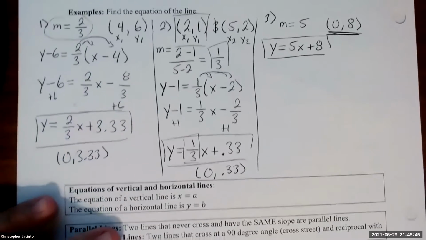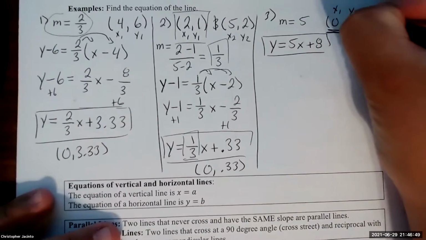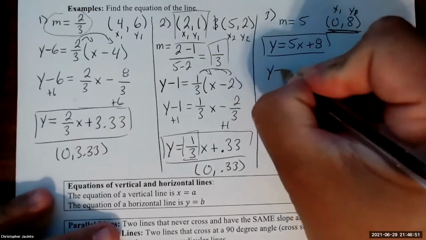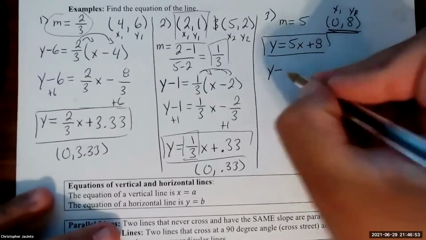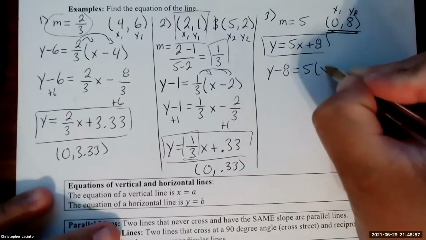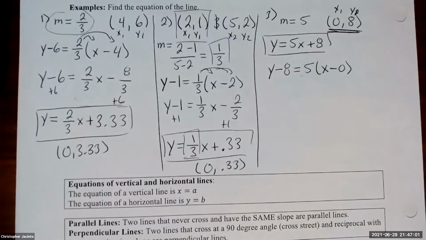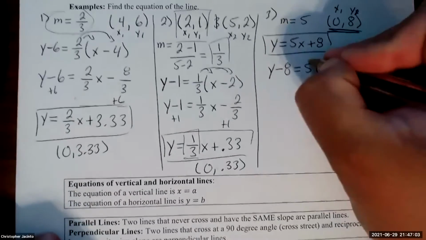But let's suppose you didn't recognize that. Well, it's okay. You just keep doing the same thing. So y minus 8 equals 5, and then parentheses x minus 0. Again, if you want, you could distribute.